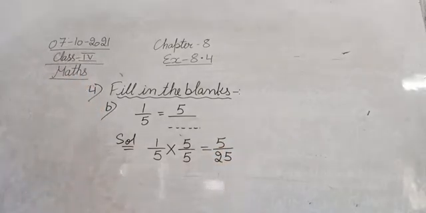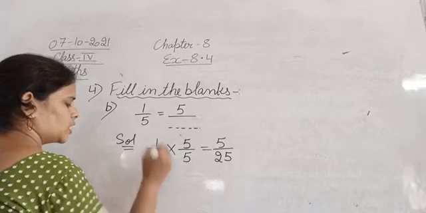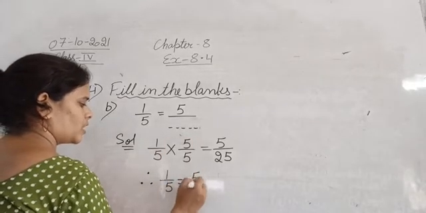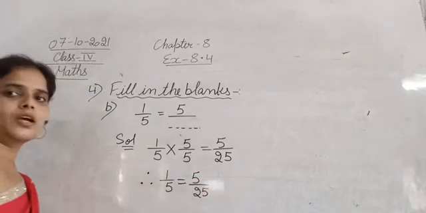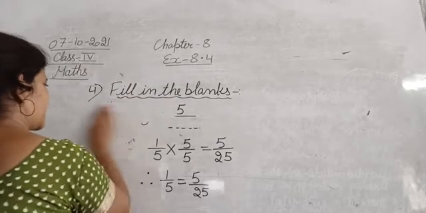So 1 upon 5 into 5 upon 5 is equal to 5 upon 25. Therefore 1 upon 5 is equal to 5 upon 25. And this is the solution for the B part of question number 4 as well. You can pause it here and note it down in your notebooks. Check. Moving next to the C part.